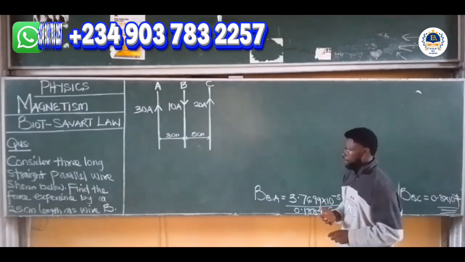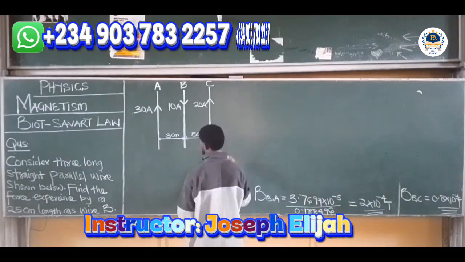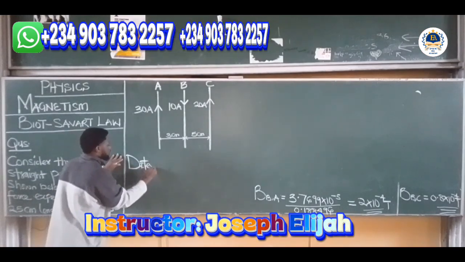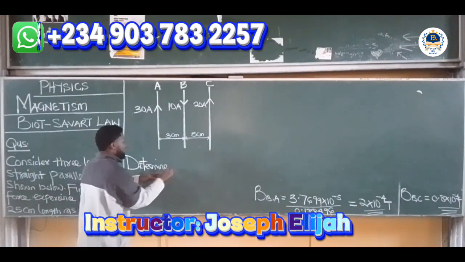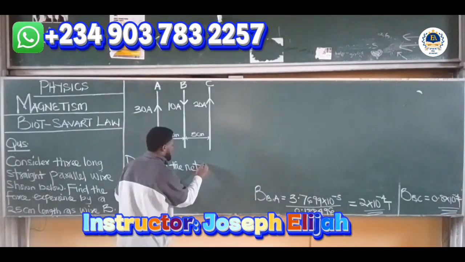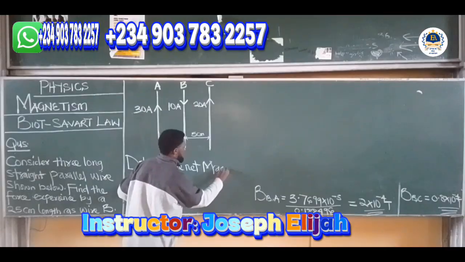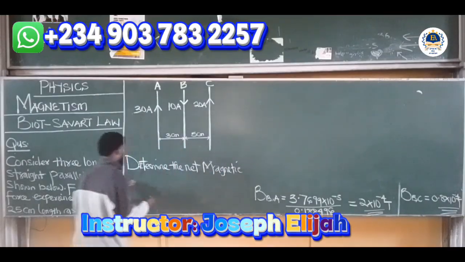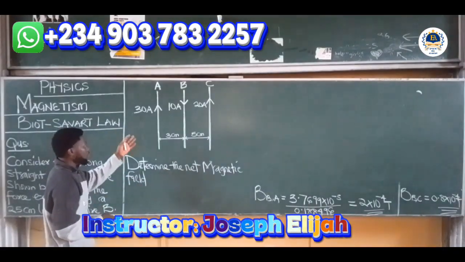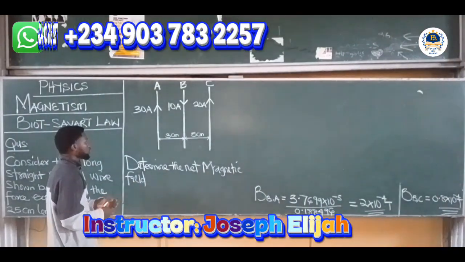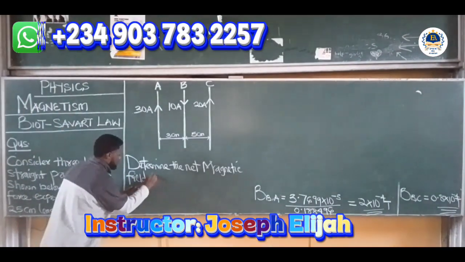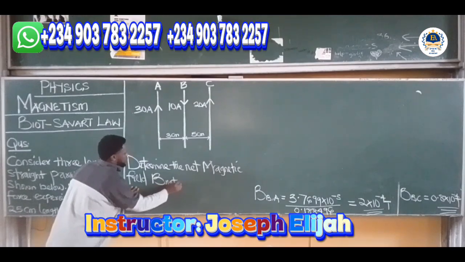Let's look at step number 3. Step number 3 is to determine the net or total magnetic field produced by A and C at B. So total magnetic field, B net.